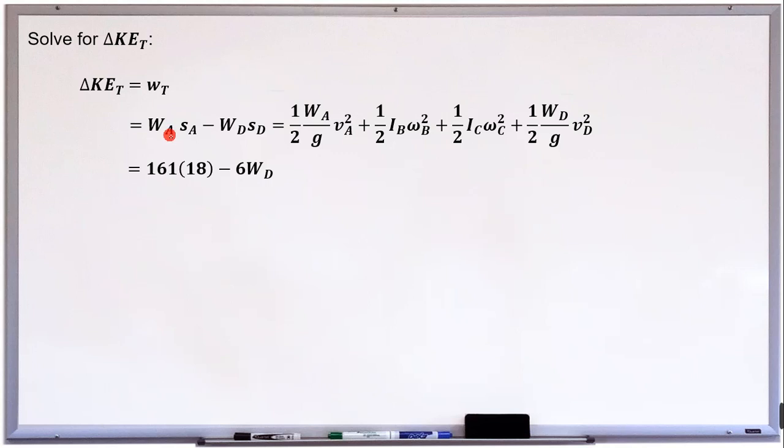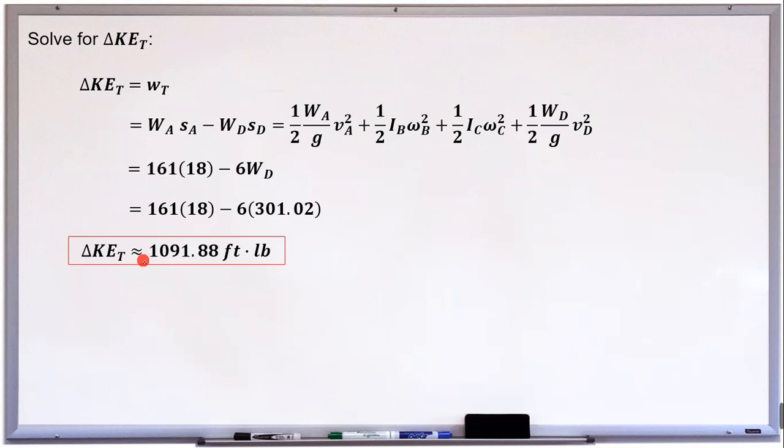So we have WA, the weight of A times its displacement, minus the weight of D times its displacement. So we can now solve for this one because we already solved for the weight of D. So we have 161 times 18 minus 6 times the weight of D. So the weight of D is roughly 301.02 pounds. Simplifying this expression, you will arrive at an approximate value of the total change in the kinetic energy of the multi-body system, roughly equal to 1091.88 foot-pound.